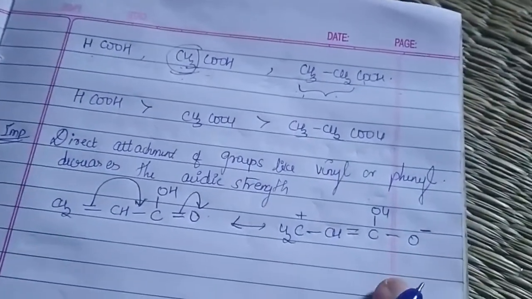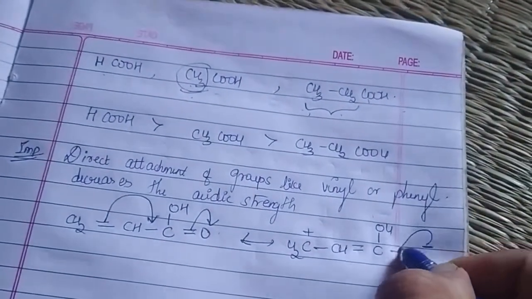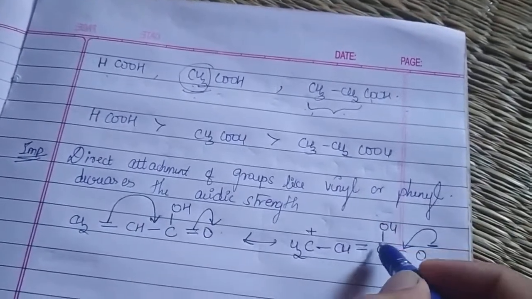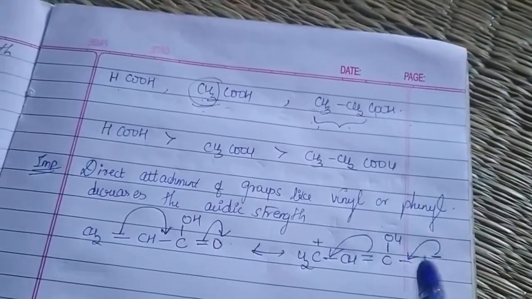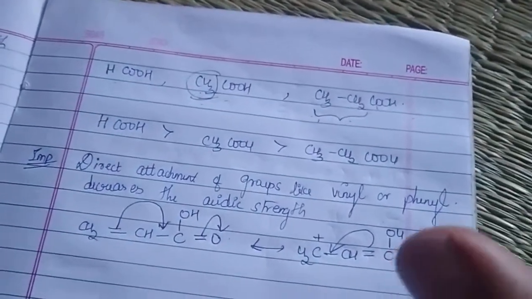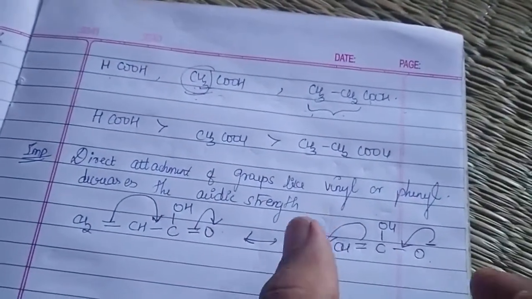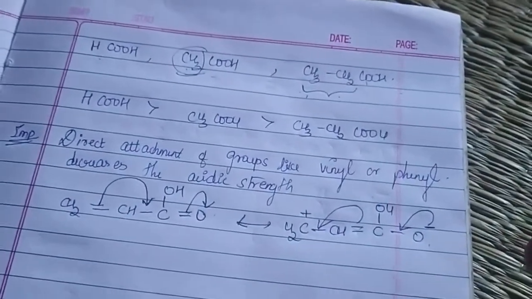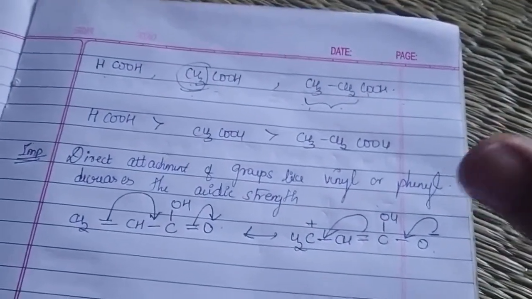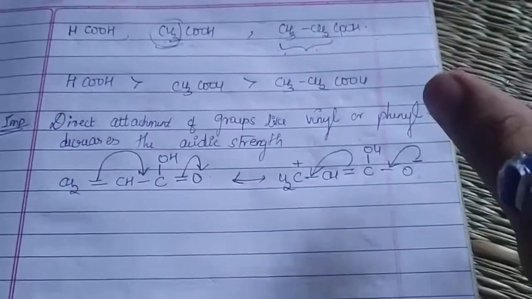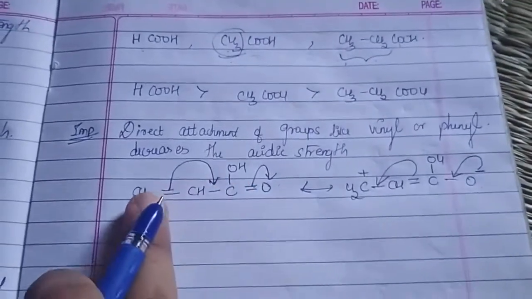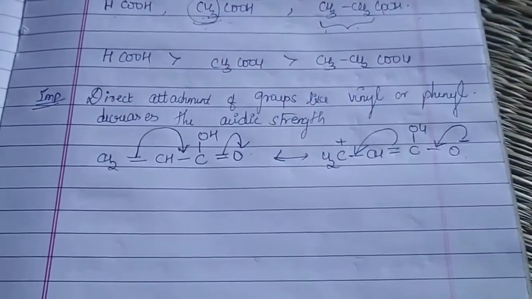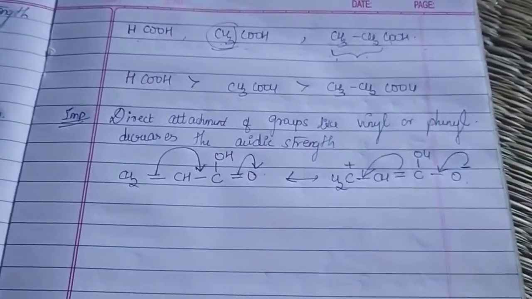It will not remain quite there, so once again the electrons are given and taken. In this form we can observe that the carboxylate structure is not retained. Once the carboxylate anion is not retained, the stability of that ion decreases. That happens when vinyl or phenyl groups are present. So this is also one major aspect you have to know.